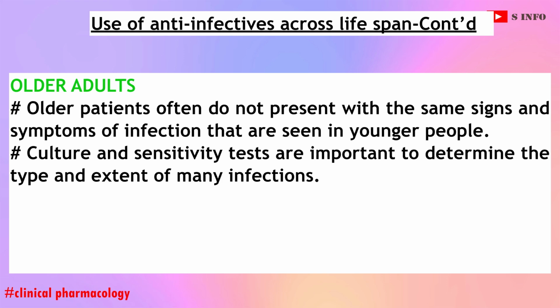This is because in the younger, the signs and symptoms present quickly, while in older adults the signs and symptoms are late, so there is a need for culture and sensitivity tests to see the types and the extent of the infections. This is used for gathering information on the infections that attack older adults.